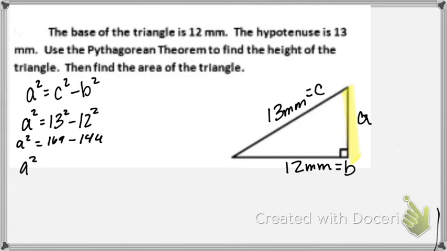A squared, once I simplify all that, is 25. The last thing I need to do is take the square root. And A squared, or just A, sorry, because once we take the square root and the squared, they cancel out. Remember, they're opposites of each other. A is equal to 5.